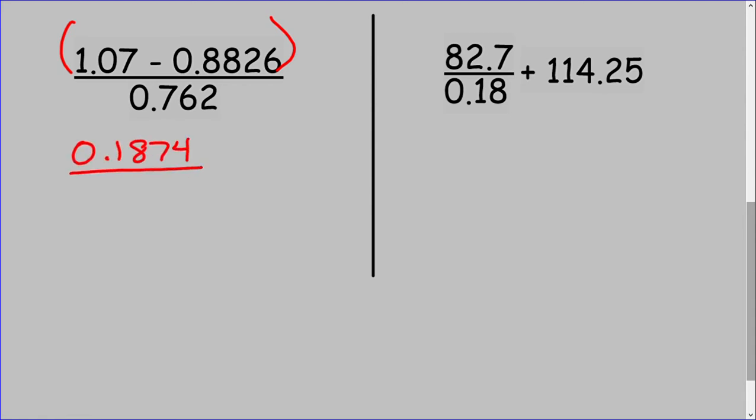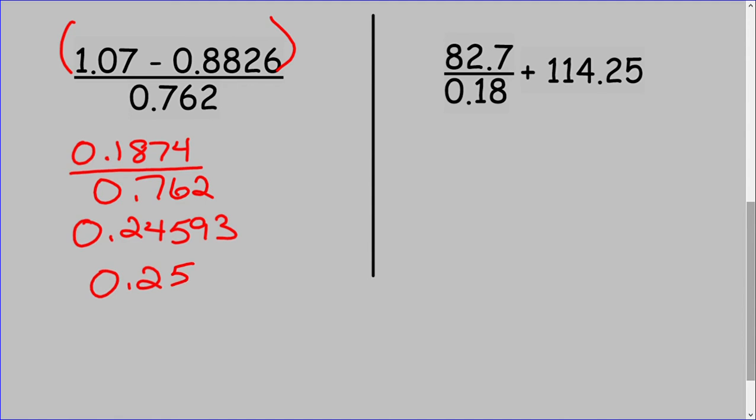I'm going to divide that value by 0.762, and then in my next step we'll actually do the division. So first step is just the subtraction, next step is the division. 0.24593, and that gives me an answer of 0.25 altogether. Now, how did I get to that 0.25? How did I know it was 2 digits?